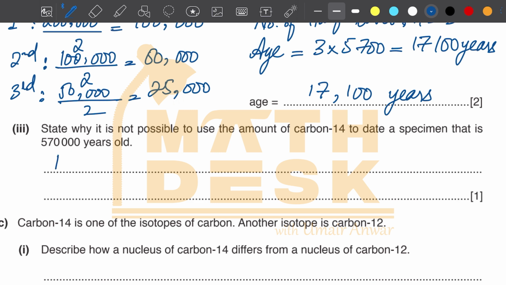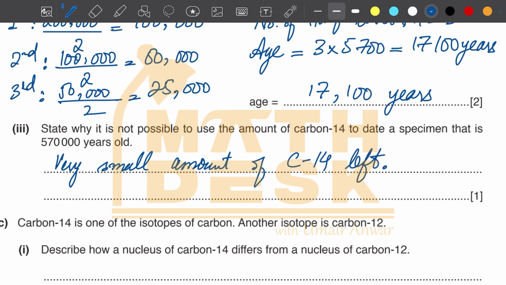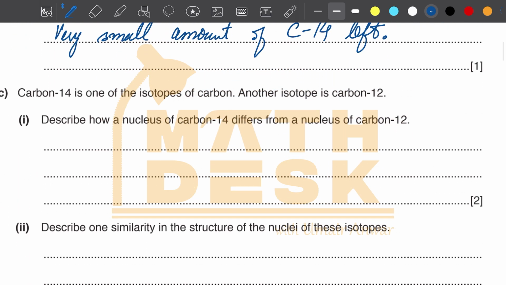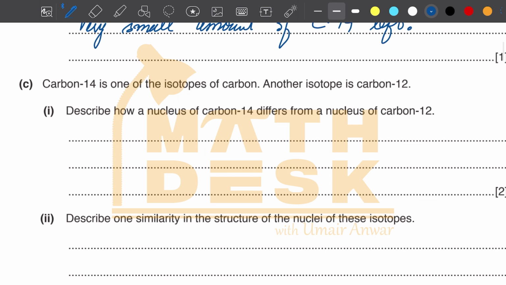So there would be a very small amount of carbon-14 left in the sample. That very small amount would not be suitable for us to determine the age of this specimen. So some other kind of radioactive material should be used, which should have a larger half-life as compared to carbon-14.